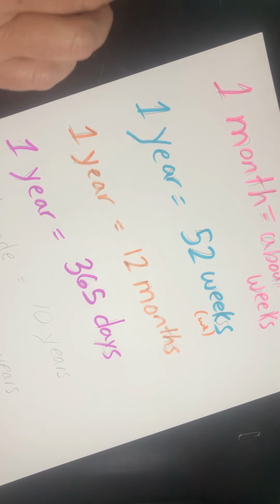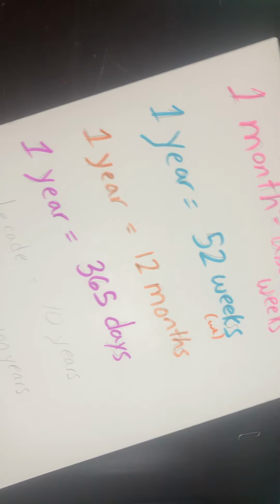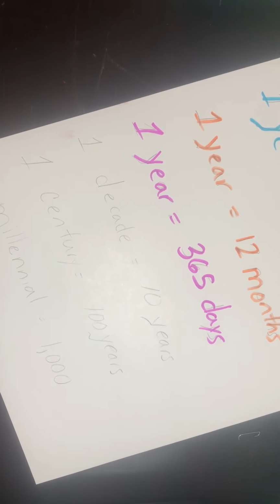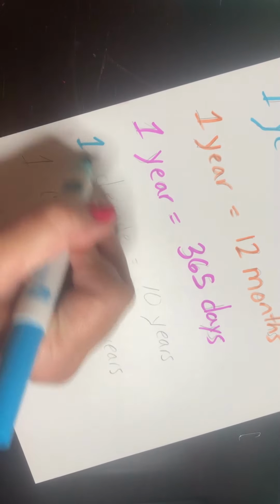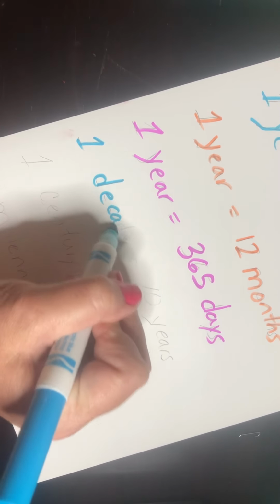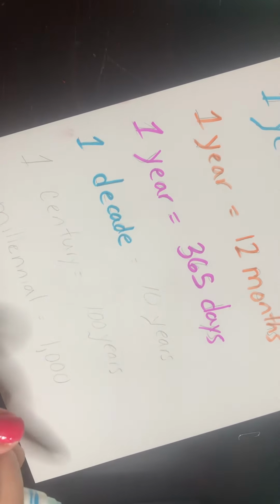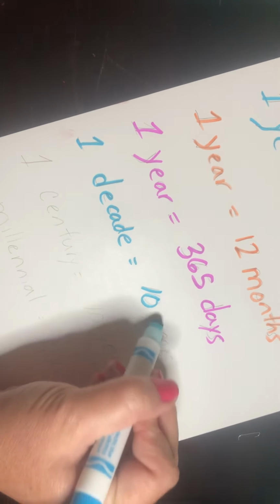All right, now a little bit deeper into it, we're going to talk about decade, centuries, and millennial. So if someone were to say, like this last New Year's Eve, we went from the 10s to now we're in the 20s, that would be 10 years.